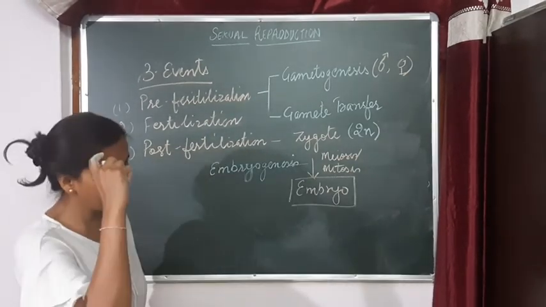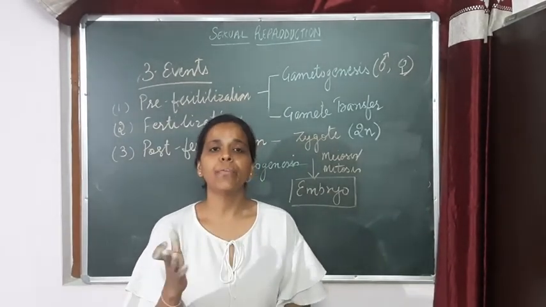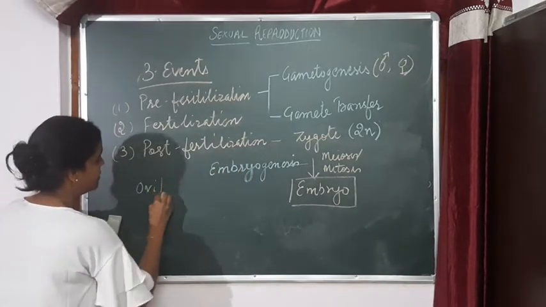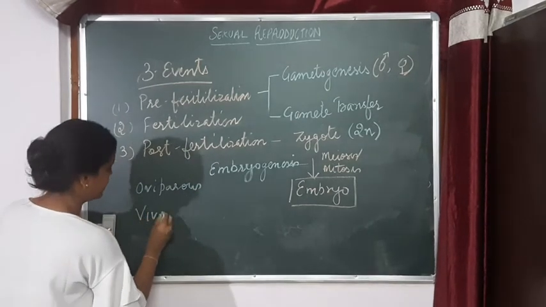Now again, a little basic concept. There are two types of animals, right? One is the oviparous type, and another is the viviparous.